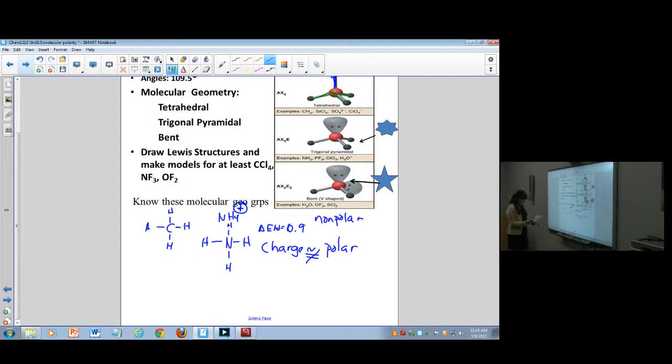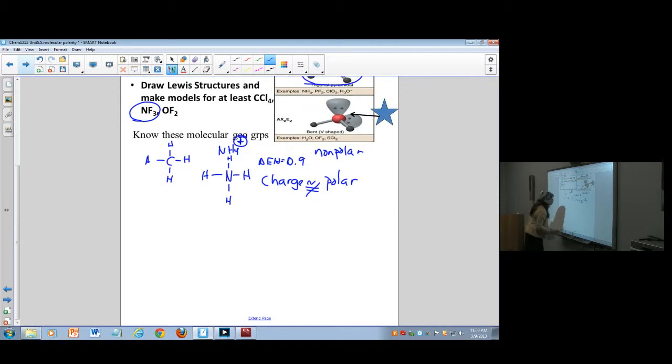I want to then move on to our trigonal pyramidal structure. Now that's really just the tripod without the camera. The one we've probably done the most often is the NF3, nitrogen trifluoride. And when you draw that up, it's going to end up looking like this. Now, I'm still not going to put the electrons on the outer atoms for now.